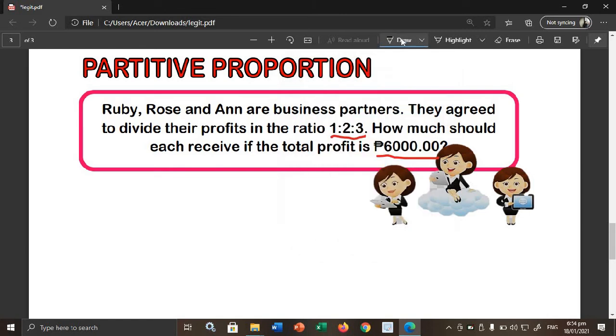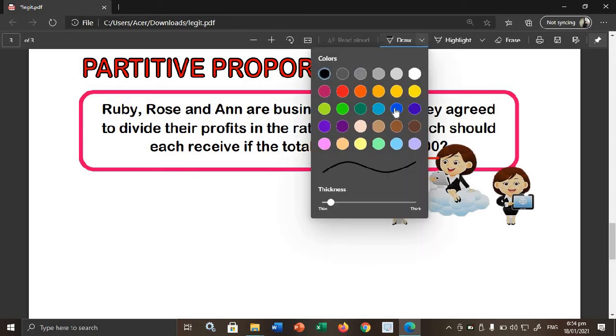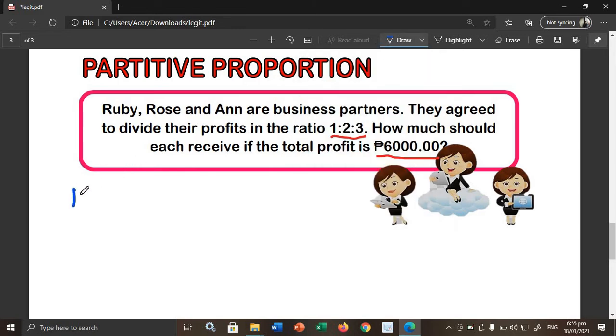So, paano nga ba nagsosolve ng problems regarding partitive proportion? You need to remember this format. And problems regarding partitive proportion, kadalasan ang mga answer dito is 2 pataas. Hindi lang 1 yung answer, 2 pataas.